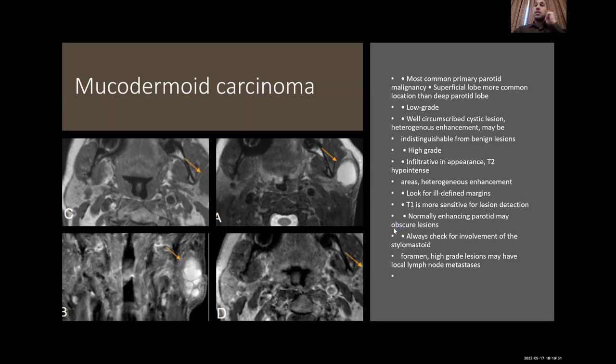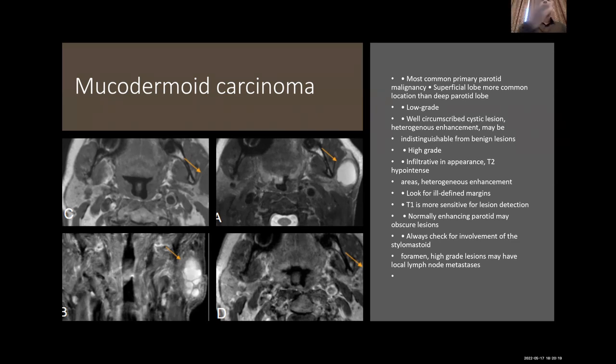So mucoepidermoid and adenoid cystic are like the relation between the inguinal hernia and the femoral hernia. The inguinal hernia will be like the adenoid cystic carcinoma, has high incidence, more common compared to the femoral hernia. But the femoral hernia itself has higher possibility to strangulate and to obstruct.